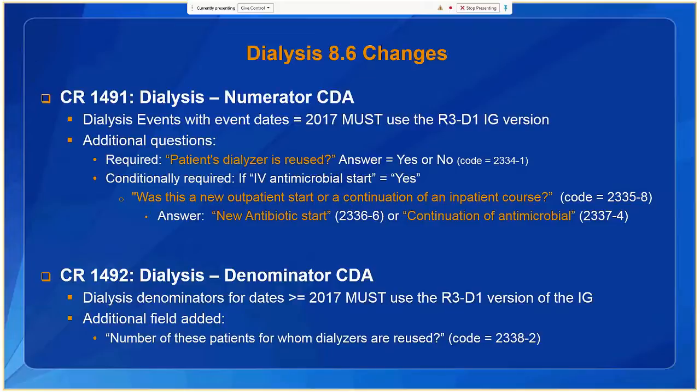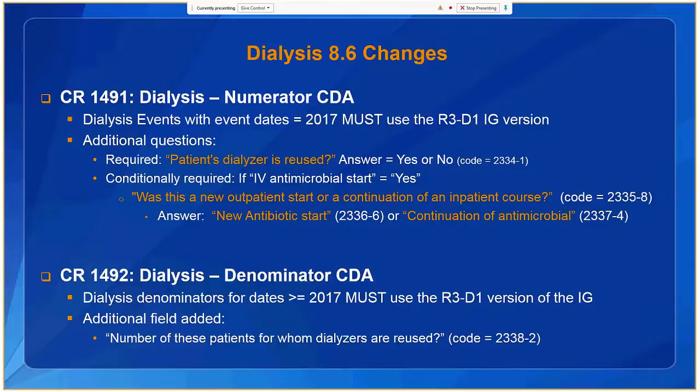So this is the first time it has moved up to the new version. Highlighted in yellow are the additional questions that were added. Patient's dialyzer is reused, and the answer equals yes or no. And then conditionally required, if the IV antimicrobial start equaled yes, then it added the new question, was this a new outpatient start or a continuation?